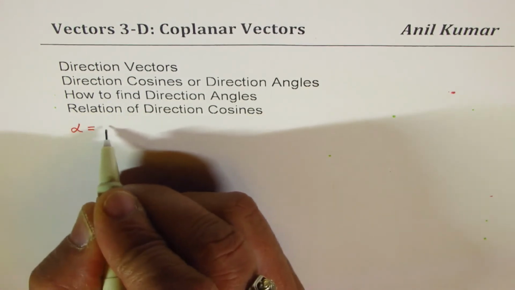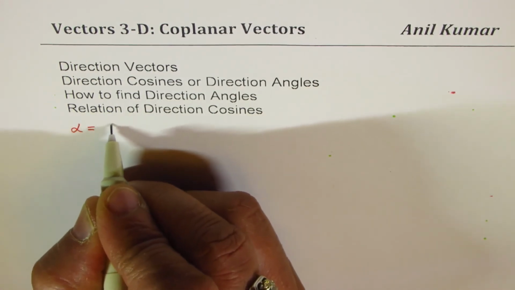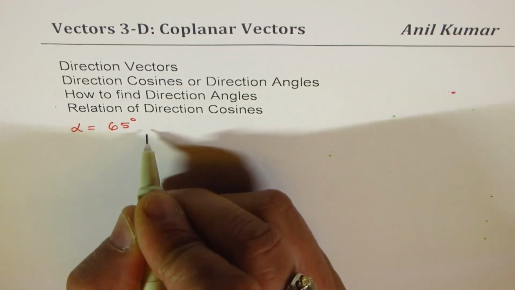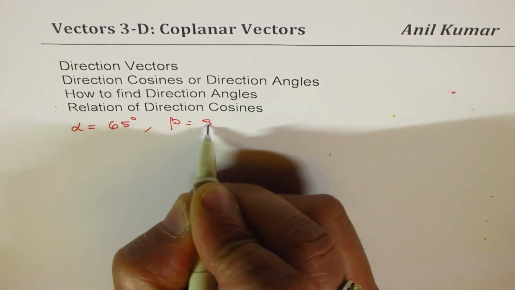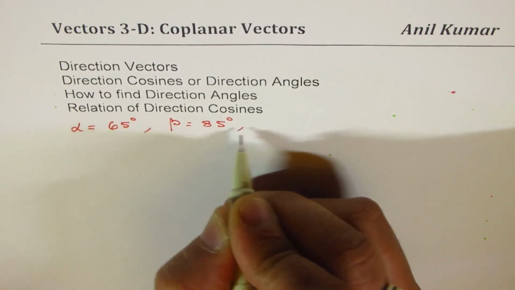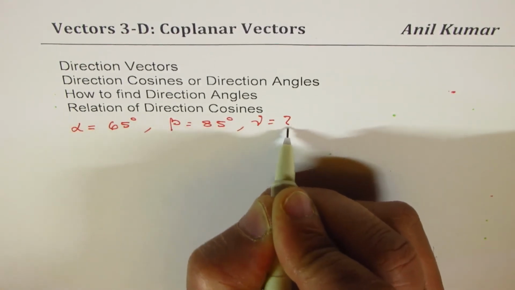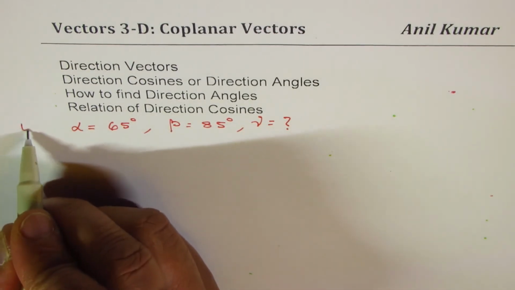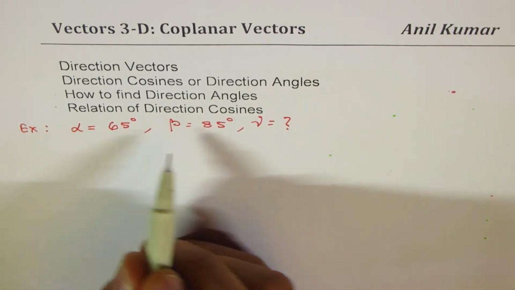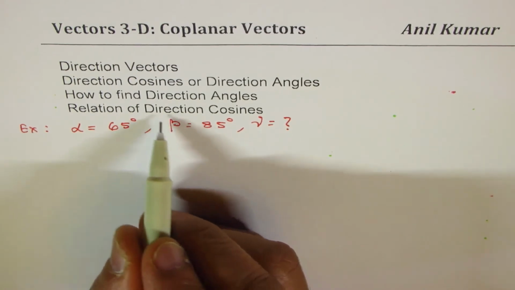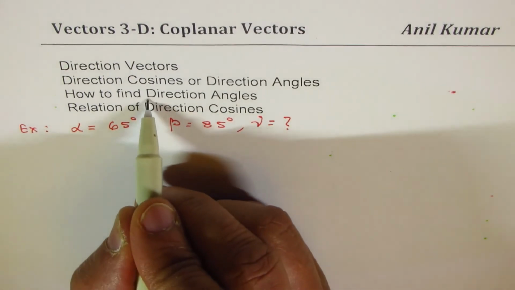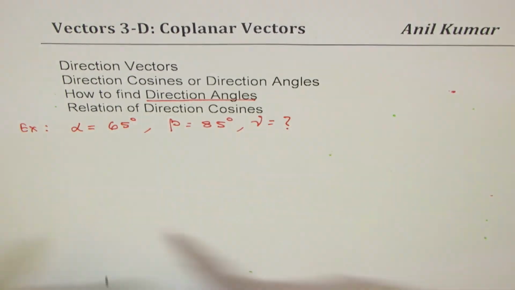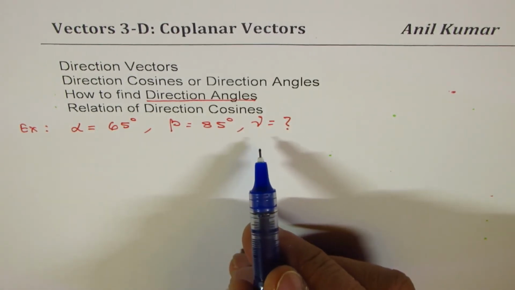Let's say angle alpha is 65 degrees, and angle beta is 85 degrees, and we need to find what is angle gamma. So the example is that you are given two direction angles, and you need to find the third angle. You can pause the video, answer the question, and then look into my suggestions.